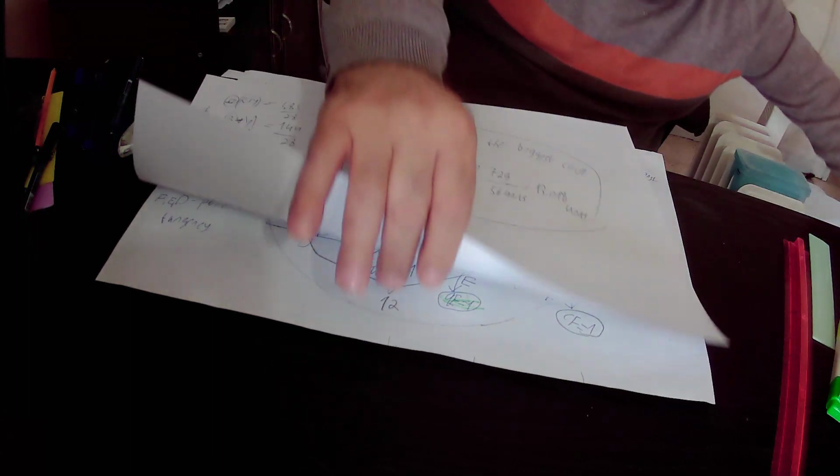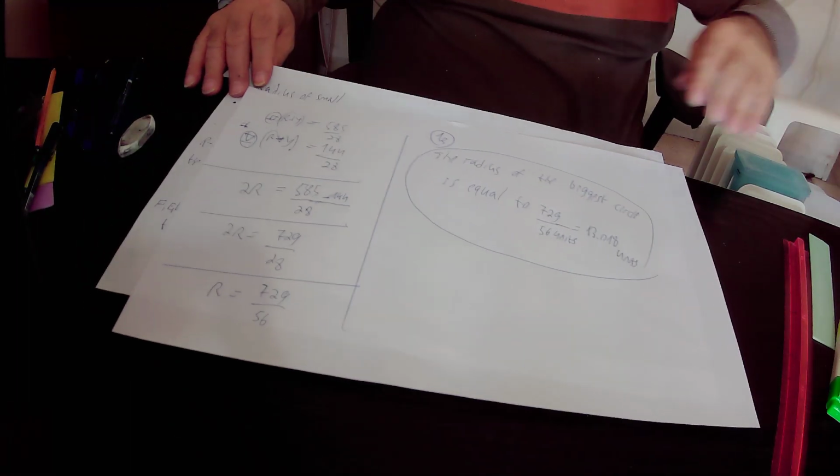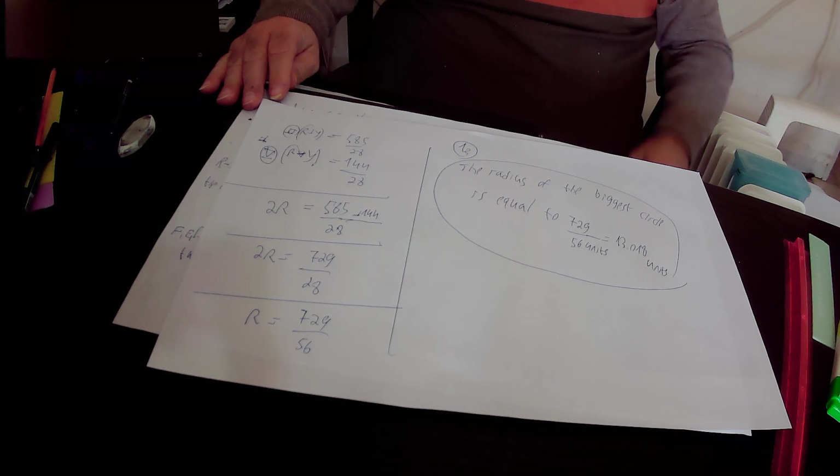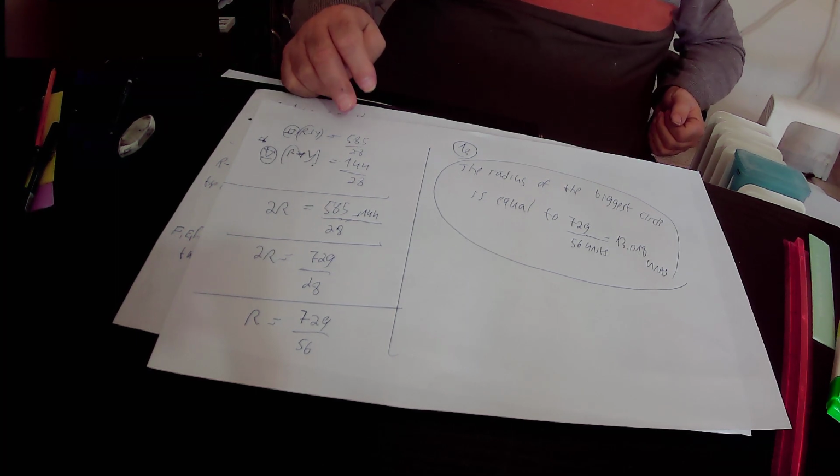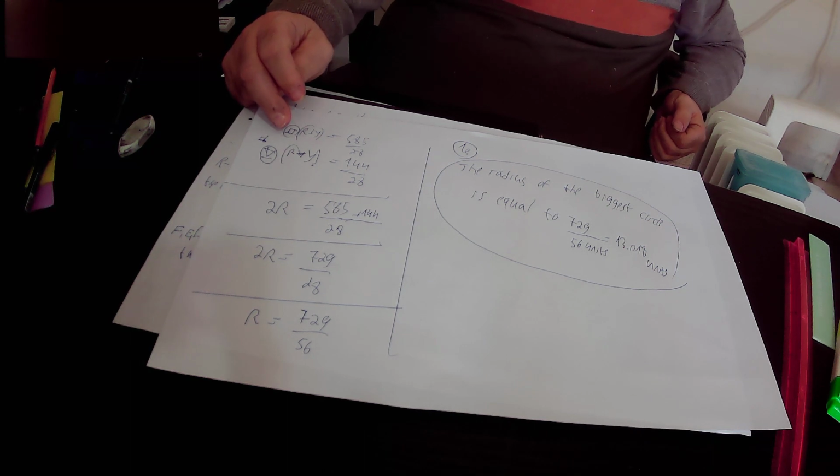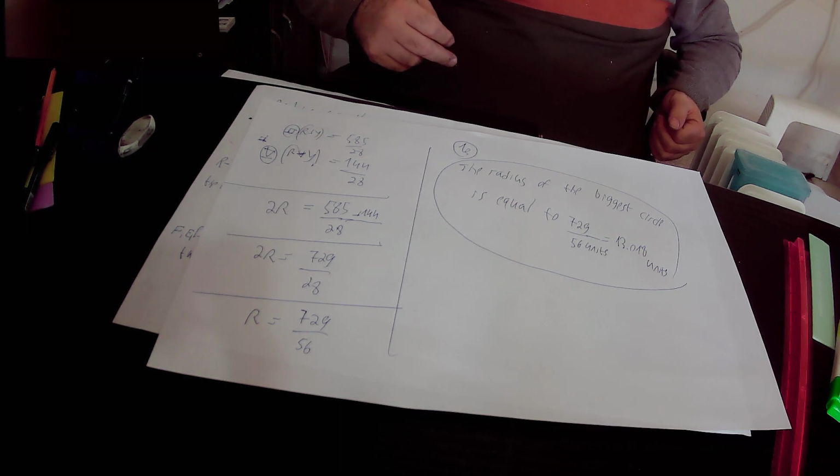Then, according to equation number 2, r plus y equals 585 over 28, while r minus y, according to equation number 5, equals 144 over 28.